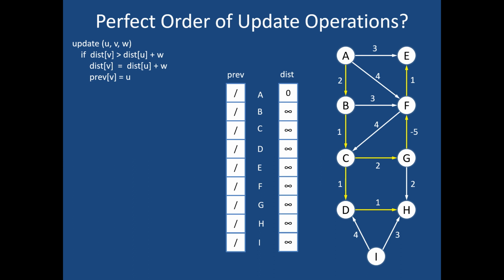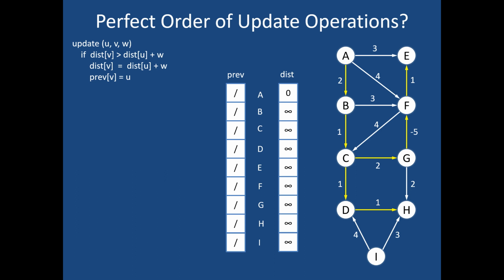Now, what would happen if you updated A to B, and then you did a bunch of random updates? And then you updated F to C, and did a bunch of random updates. And then you updated C to D, and did a bunch of random updates. So in other words, you had a bunch of random updates, but sprinkled through were those yellow updates in the proper order. You'd get the right answer eventually, because remember I told you, it's no harm to do things at random.